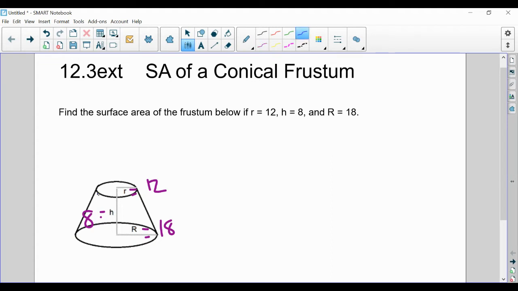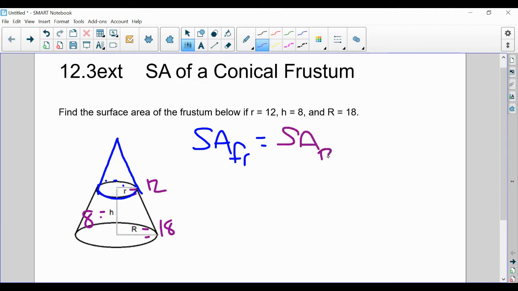So what I will actually do is draw in the cone as it used to look, like that. And we're going to find the surface area of the frustum this way. The surface area of the frustum is going to be equal to the surface area of the large cone, so the entire thing, but we have to subtract away parts that are not there anymore.